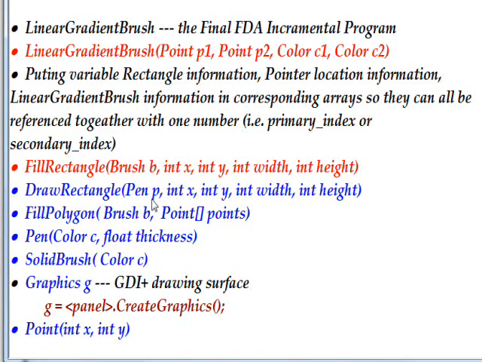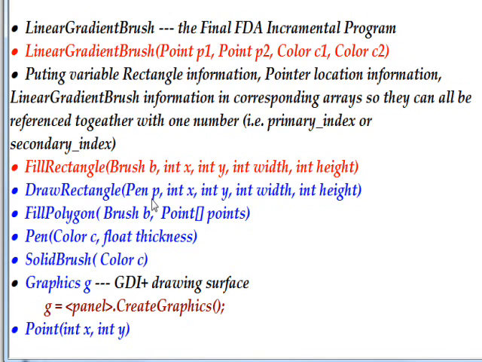Generally speaking, methods that start with fill are used to create solid objects that are filled in, and methods that start with draw are used to create outline objects that are empty on the inside and are just strokes rather than fills, as they say in Adobe Illustrator.